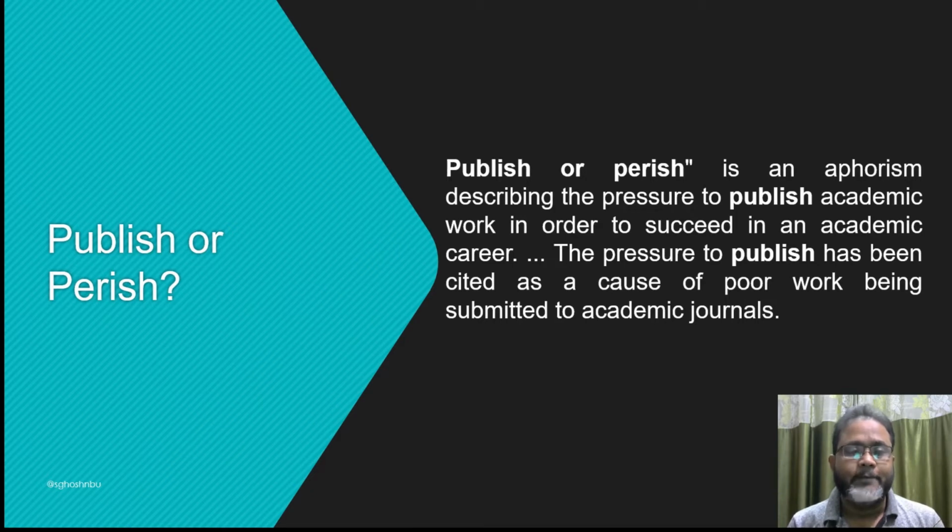And that is why there is another concept of perish: the more such work is identified, the more you will be labeled as a culprit who is taking some manipulative measures to publish his or her articles.